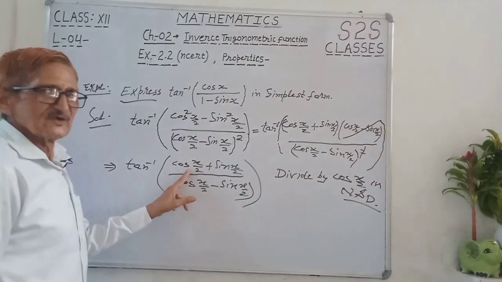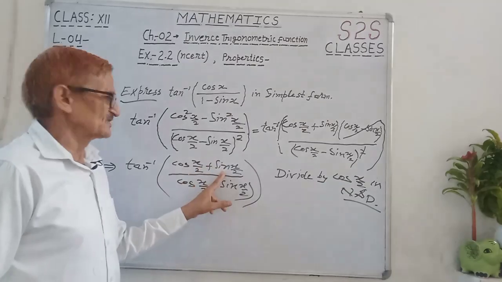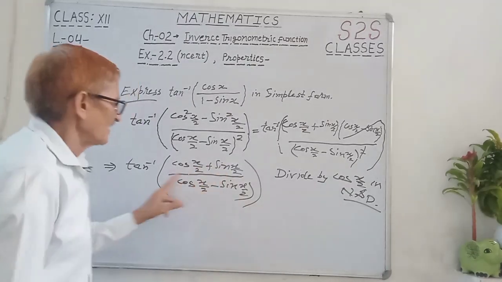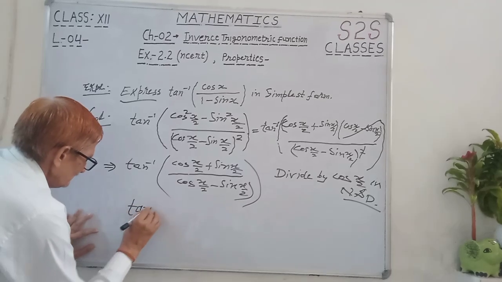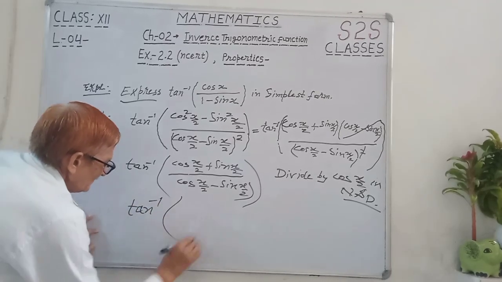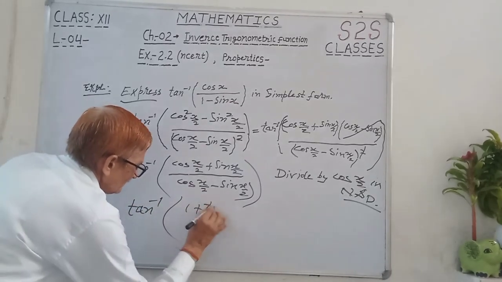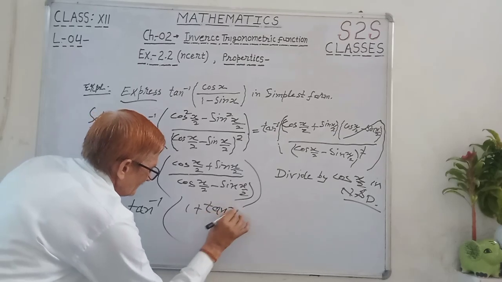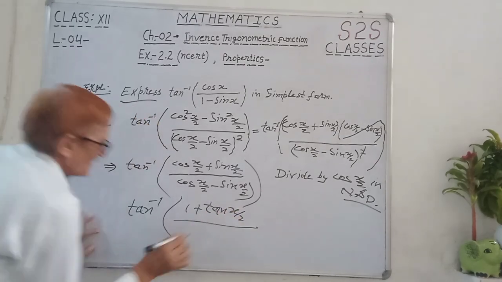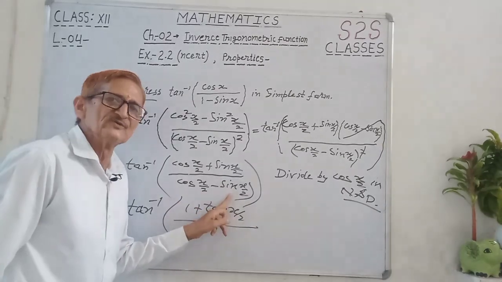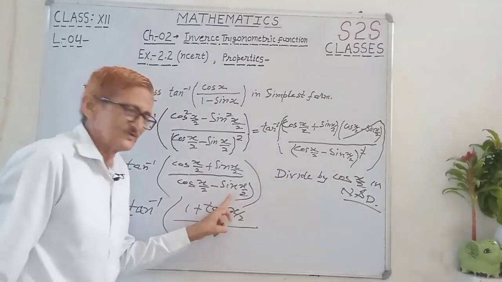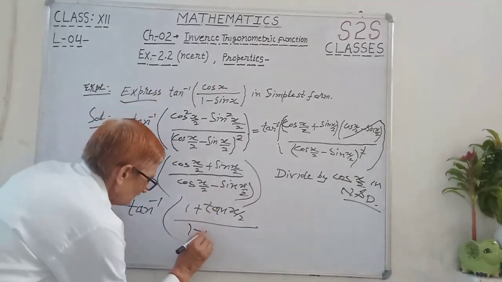Here, cos x by 2 divided by cos x by 2 is 1, and sin x by 2 divided by cos x by 2 is tan x by 2. So we get 1 plus tan x by 2 in the numerator, understand this step, and 1 minus tan x by 2 in the denominator.